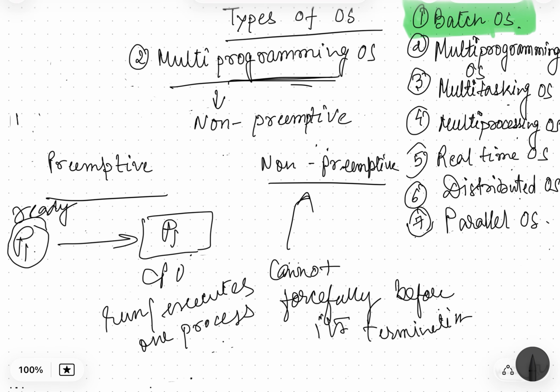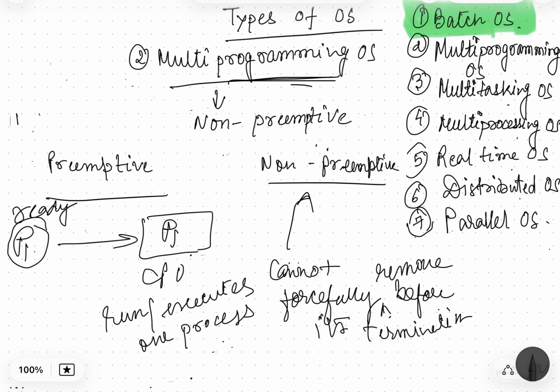But the CPU cannot forcefully make this process leave the CPU before its termination, that is, before its total completion. That is known as non-preemptive.